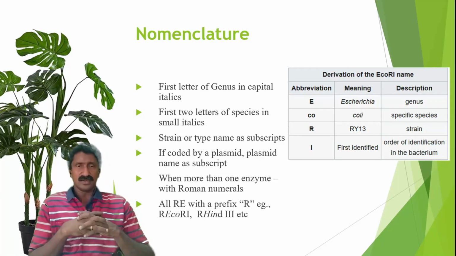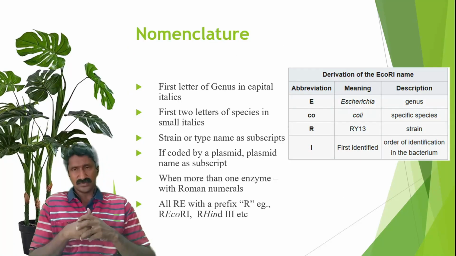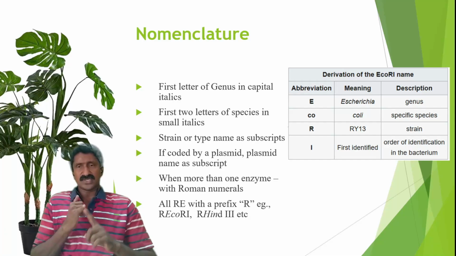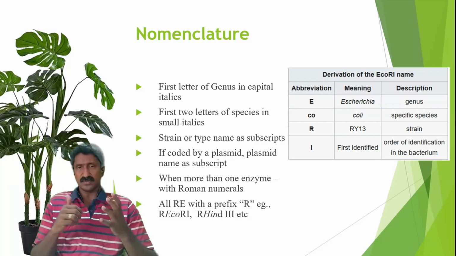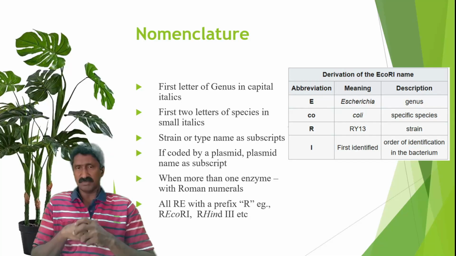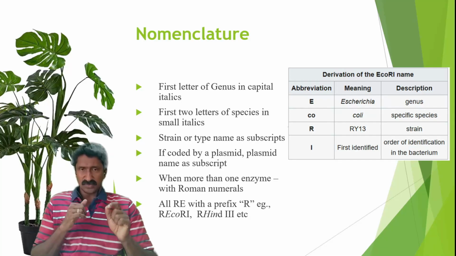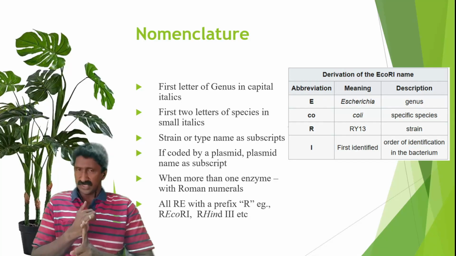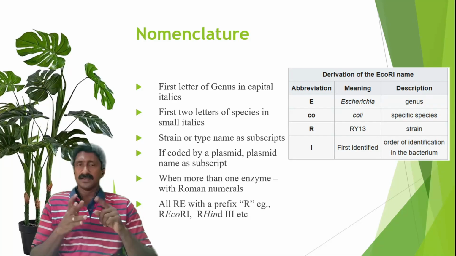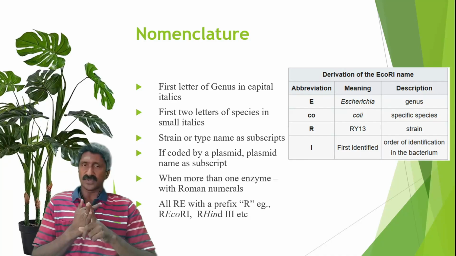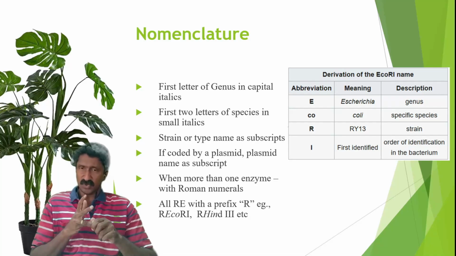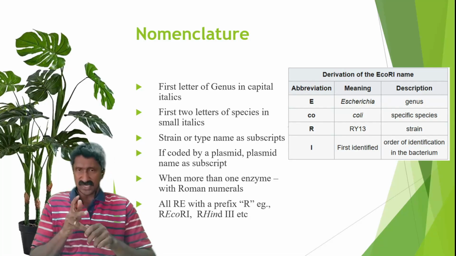Now when we come to the nomenclature, the first letter of the genus is written in capitals. For example, EcoRI is one enzyme name. It is obtained from the genus Escherichia, so the E of Escherichia is written in capital. Then for the species coli, the first two letters, co, are taken in small italics.